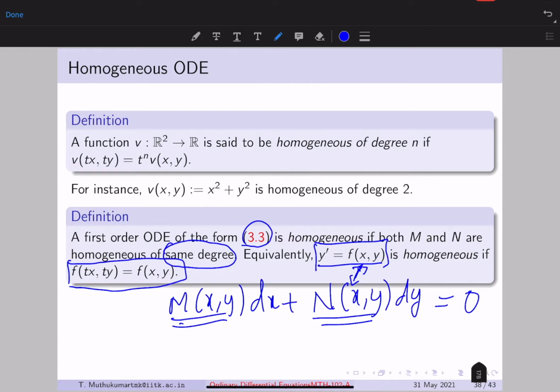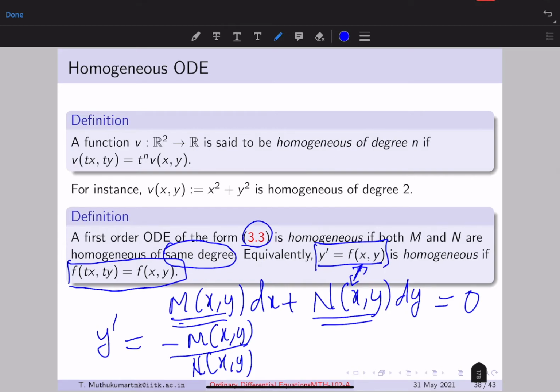Now if we rewrite in this form, what do we get? y prime is equal to minus M(x, y) over N(x, y).